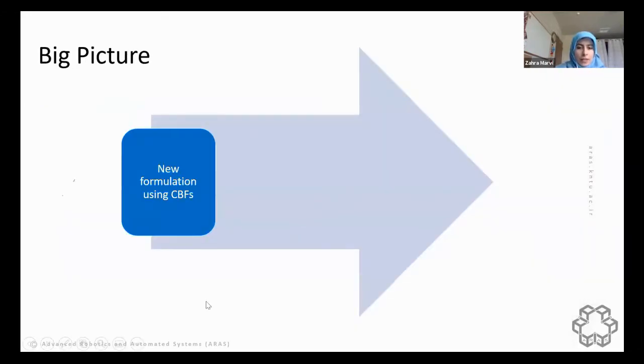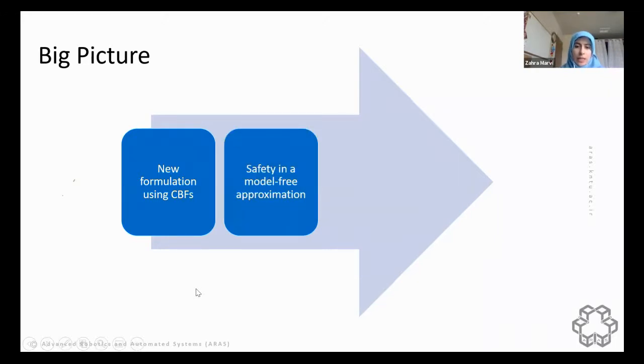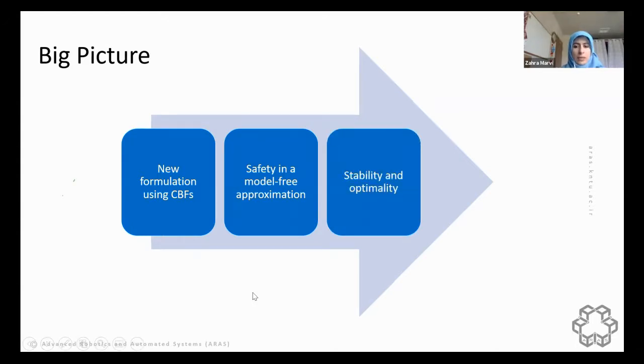Okay, here is the big picture of the work we have done. We said we need safety in our reinforcement learning framework. So we first reformulated our problem by augmenting our cost function with a barrier function. Then we checked whether, in a gradual improvement of the controller and in a successive approximation, we can have safety or not. And then we said, okay, how about the stability and optimality?